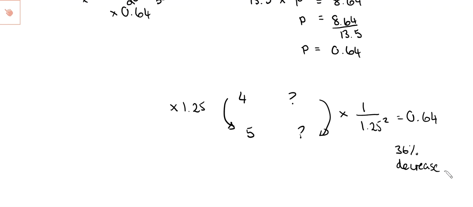Because if I'm left with 64%, I know it's a decrease of 36%. 100 minus 64%, or even it should be 100 minus the 36.